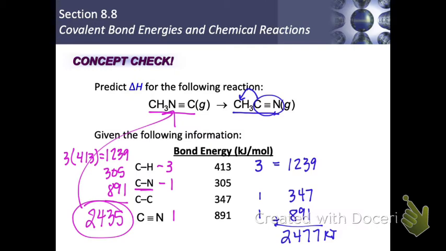And so now comes the subtraction. Delta H is found by taking the reactants total minus the products total.